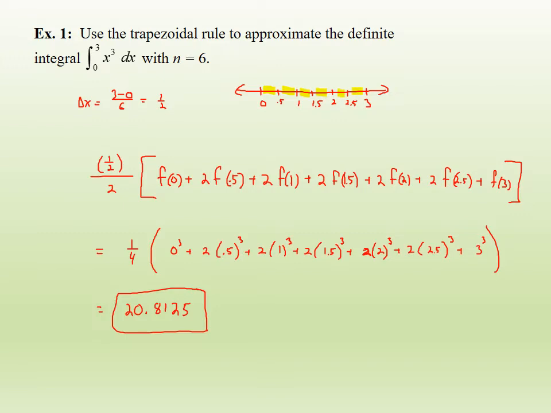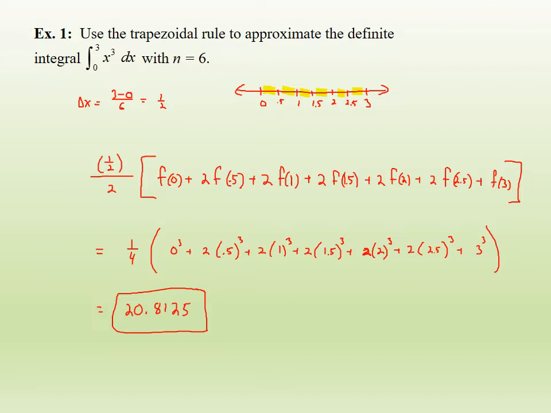Example 1. Use the trapezoidal rule to approximate the definite integral of x cubed from 0 to 3 with n equal to 6. So we have to divide the interval from 0 to 3 into 6 equal subintervals. To help us solve this problem, let's use the number line.